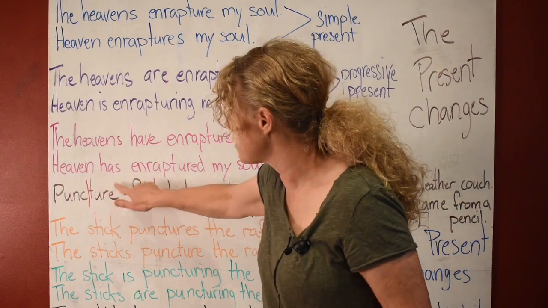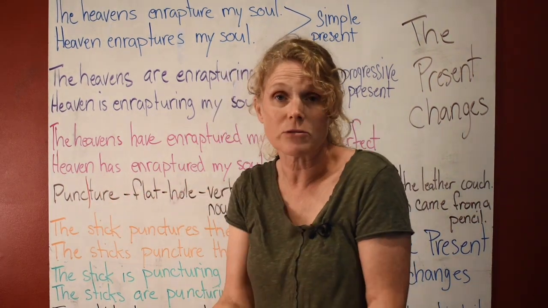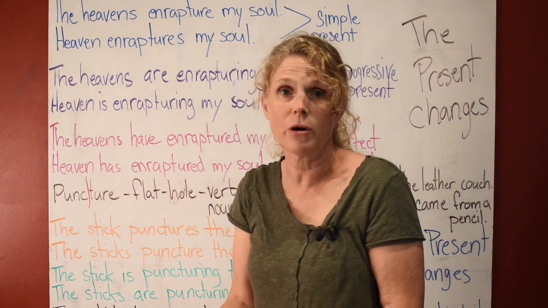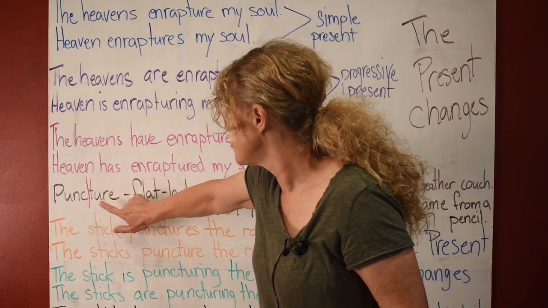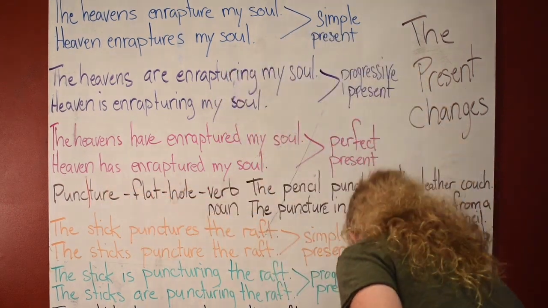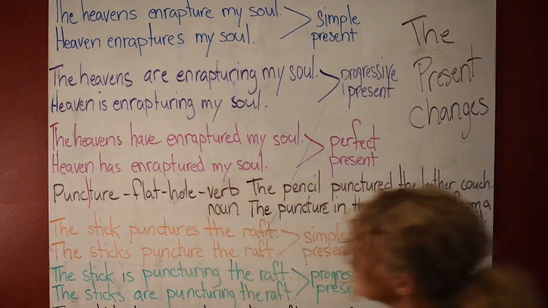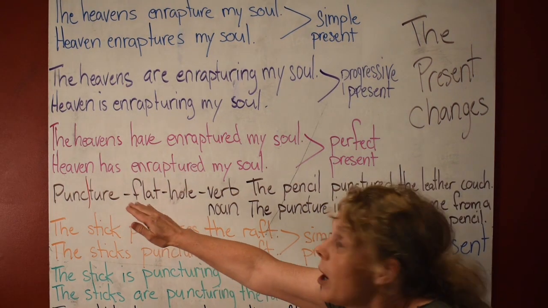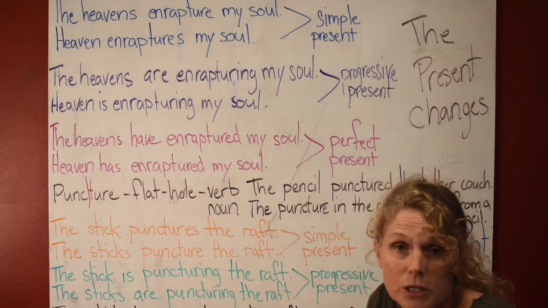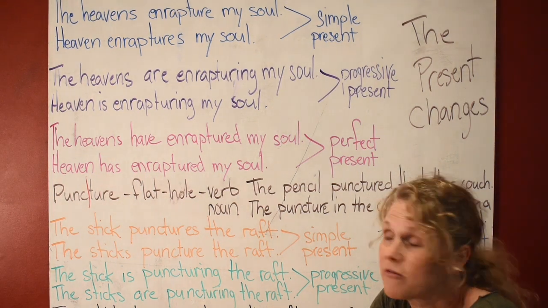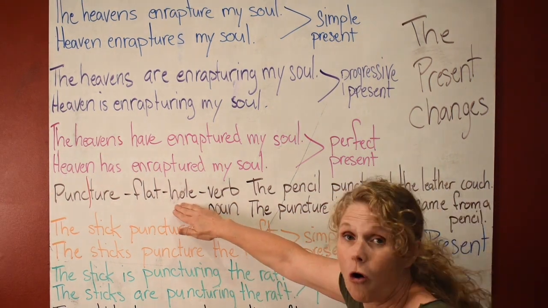And then we would drop the E and add on our vowel suffix. If you're going to do a vowel suffix, like puncturing, then it would be drop the E and add your ing. All right. Now, punctured means flat, like the punctured tire, the tire went flat. It can mean a hole.